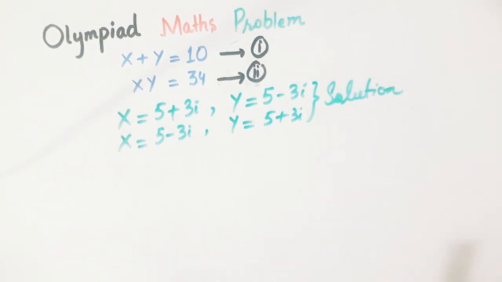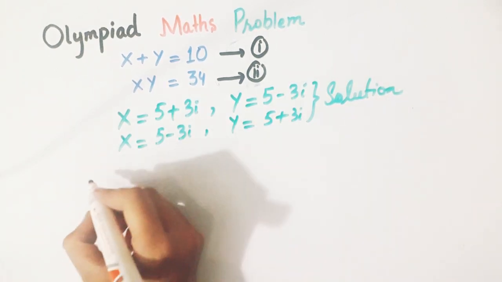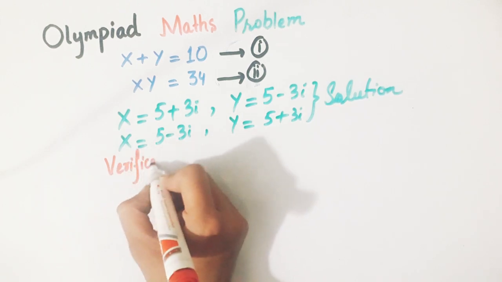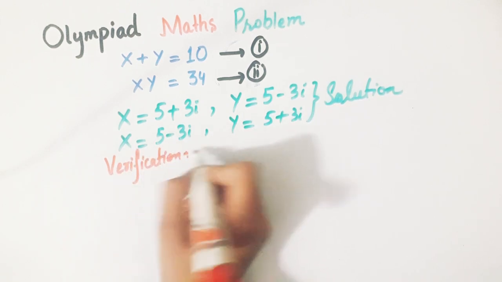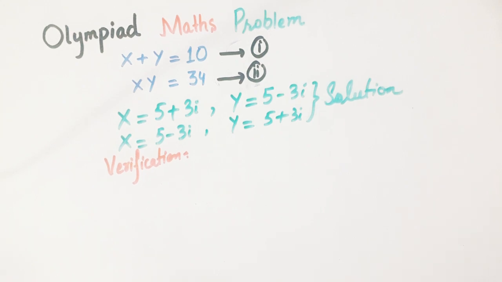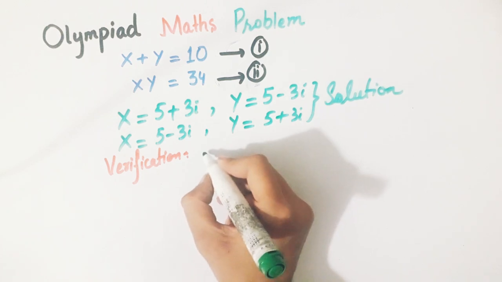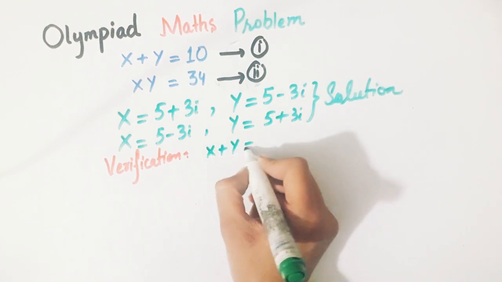Now we will do the verification of this. For verification, substitute the values of x and y in the left hand side and get the right hand side. So x plus y equals 10.